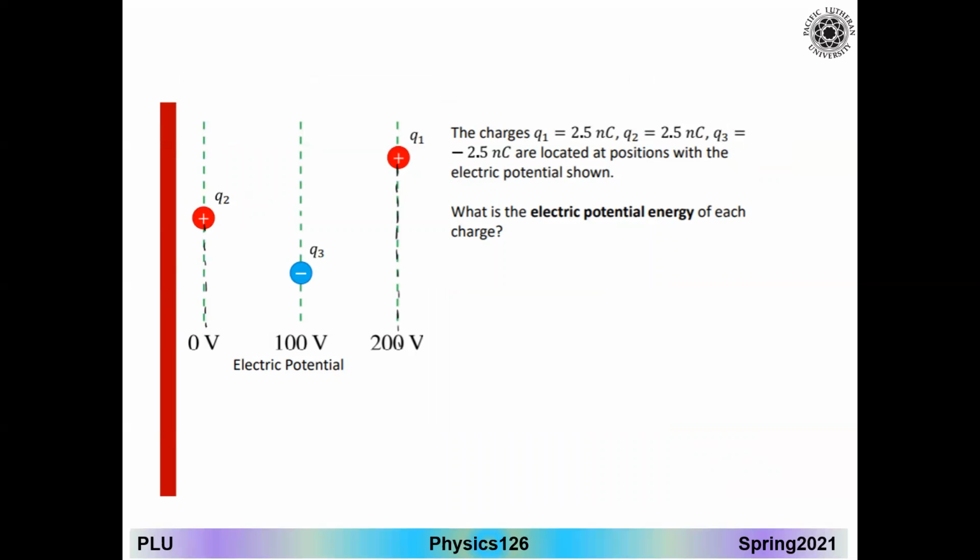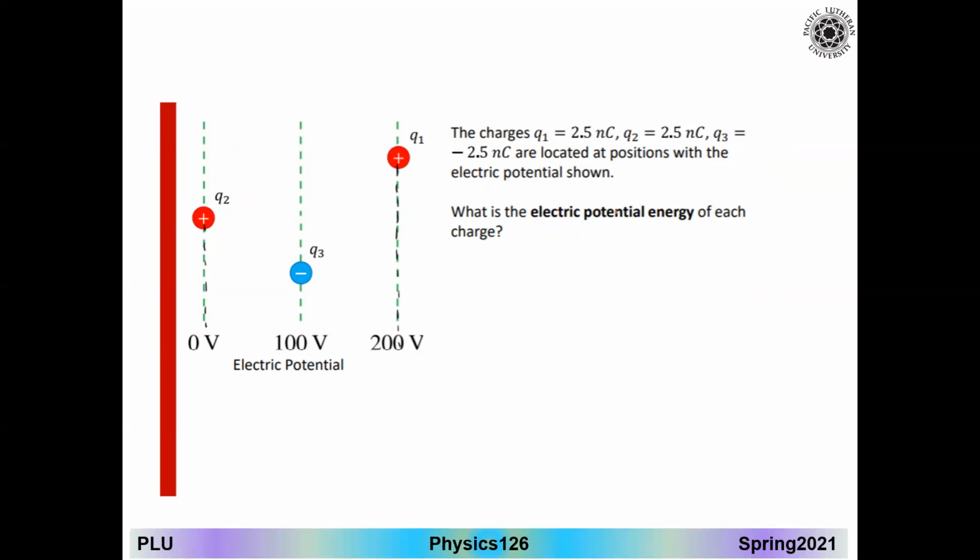So let's see some examples of how to apply this formula to find the electric potential energy. We're given three charges, Q1, Q2 and Q3, and every charge is located on electric potential contours: Q1 at 200 volt, Q2 at 0 volt, and Q3 at 100 volt.